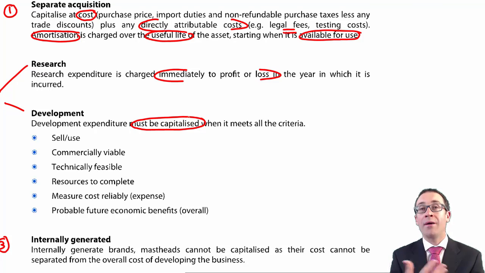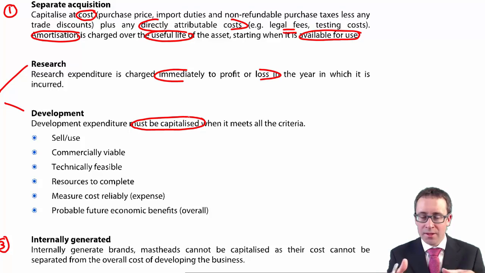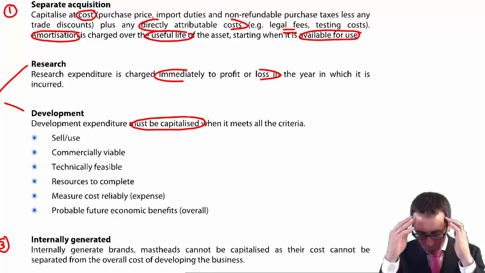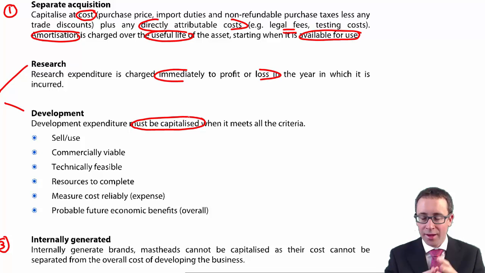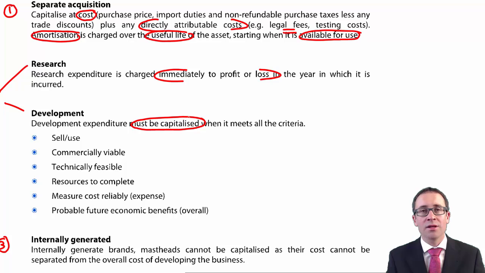But now, to ensure comparability between pharmaceutical companies, they all have to capitalize development expenditure. What is development expenditure, or what is development? Development is when you get the test tubes with the liquids in, pour one into the other, and all of a sudden there's a fizzy pop. And it's like, oh, I know what I can do now. I can use that, and I can develop a cure for some disease that's been problematic for centuries.